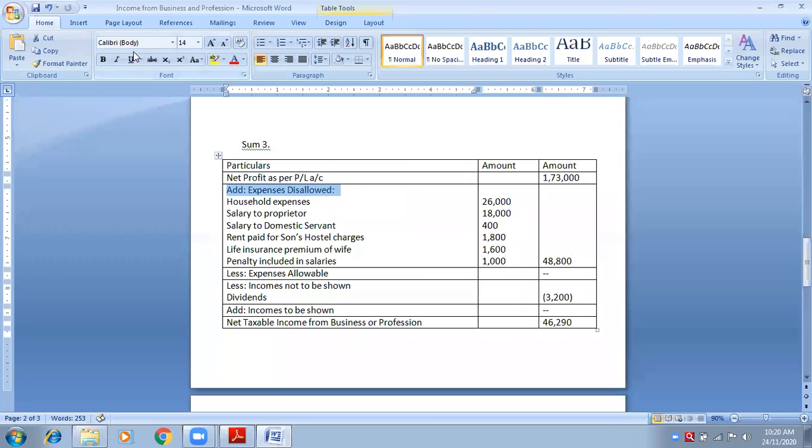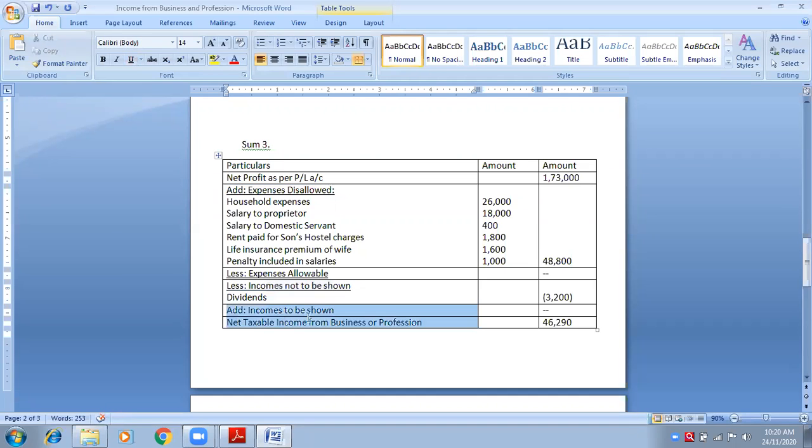Tell me what has to be done here. Where do I need to look for this? Can anybody tell me? Debit side, and not only debit side.